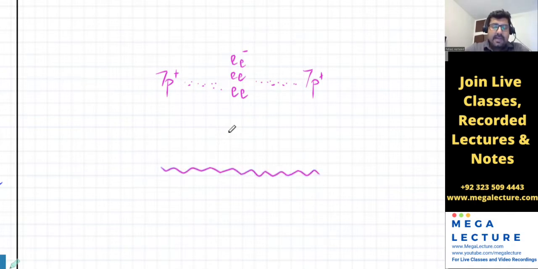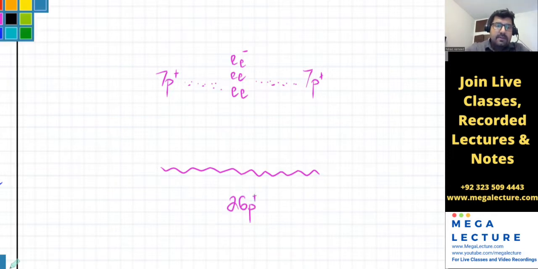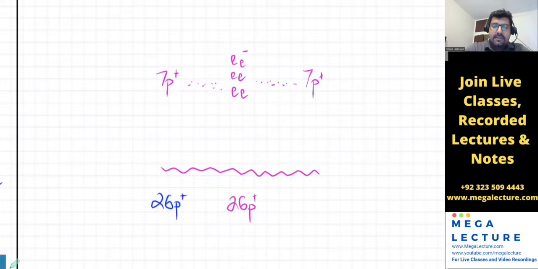catalyst does. When the catalyst comes in, now we've got iron and it's got 26 protons in its nucleus. There's a lot of iron, right? Another iron with 26 protons, and another iron with 26 protons in its nucleus.